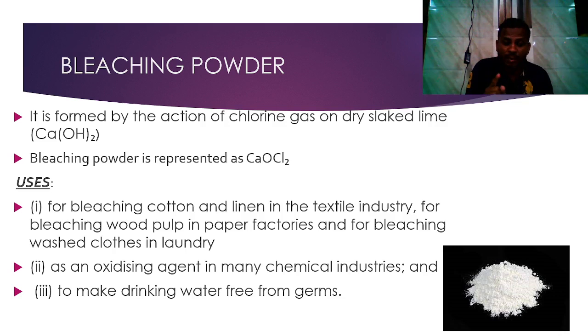Second one is bleaching powder. Directly coming to the definition, it is formed by the action of chlorine gas on dry slaked lime. The molecular formula of bleaching powder is CaOCl2.